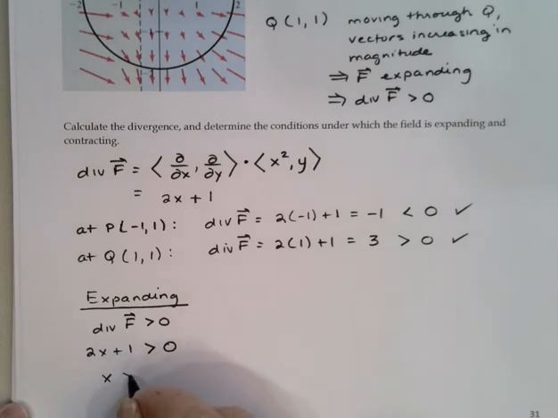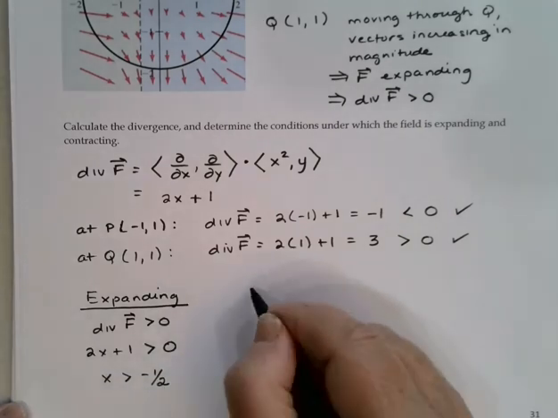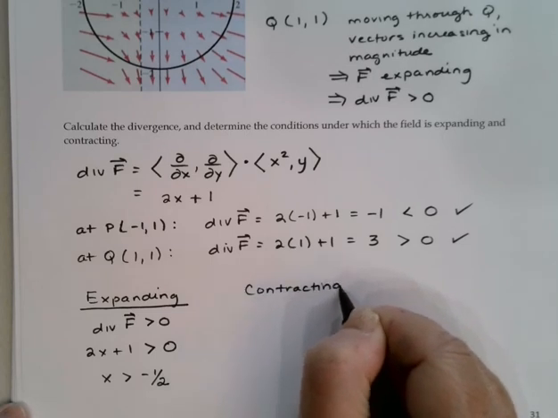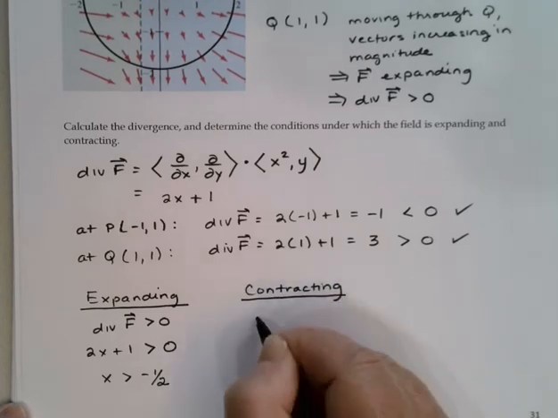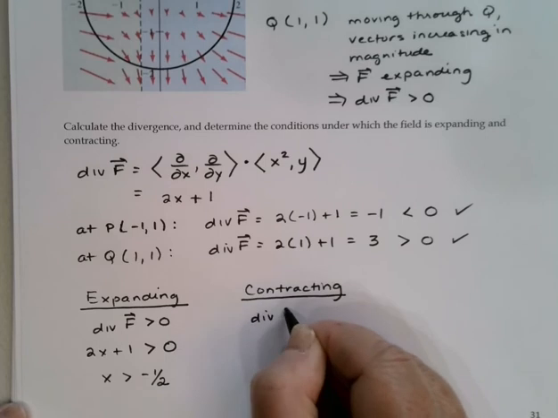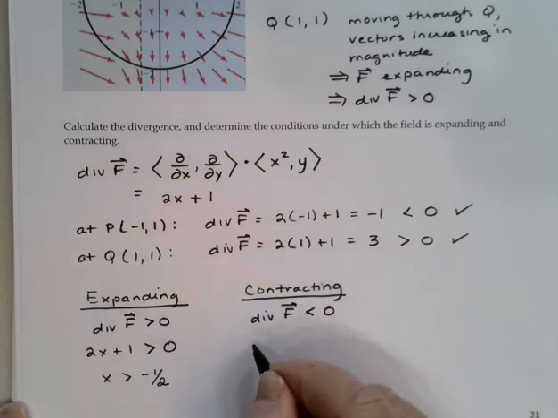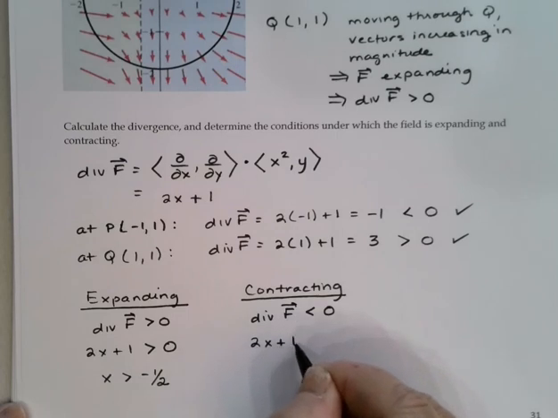Or in other words, x is greater than negative 1/2. Of course, exactly the opposite for contracting, but I'll write it out anyway. The condition for contracting is the divergence of F is less than 0, negative, and my divergence is 2x plus 1 for this vector field. So that would give me x is less than negative 1/2.